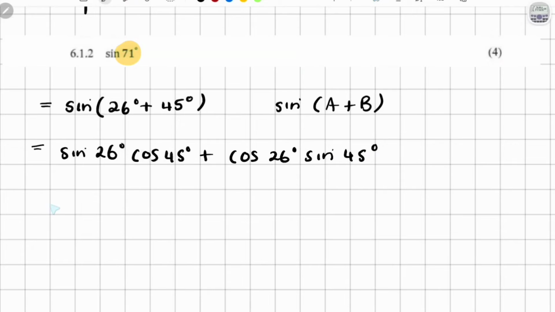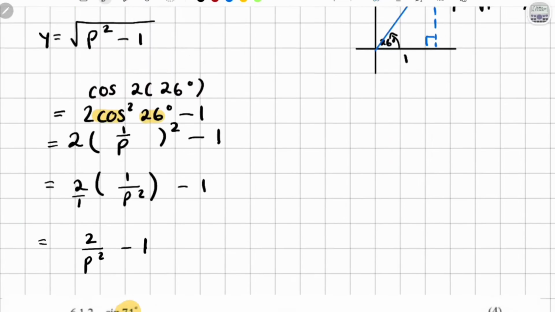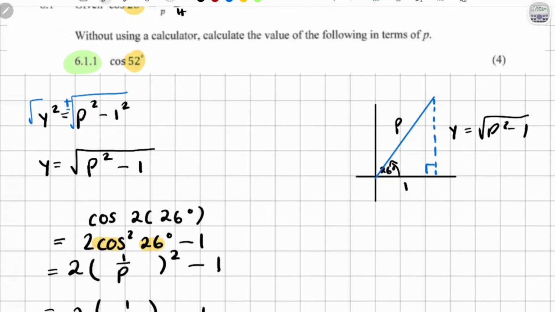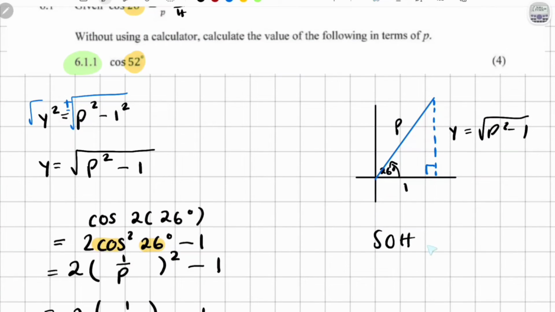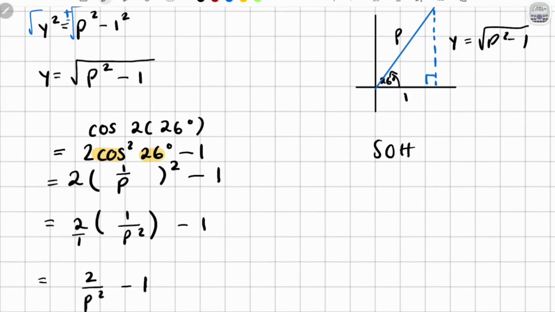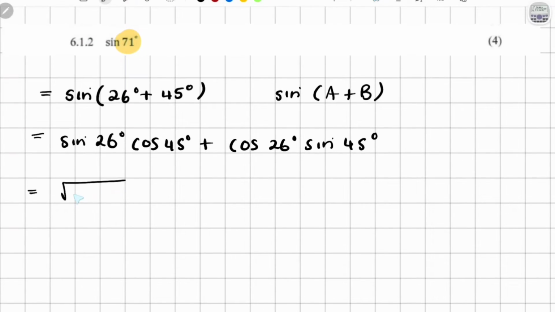Then we're going to just simplify where we can. Sine 26 degrees, we can find that in this diagram. Sine is SOH CAH TOA, right? SOH means opposite over hypotenuse. So taking the opposite side over the hypotenuse, that is square root of p squared minus 1 over p. So root p squared minus 1 over p.